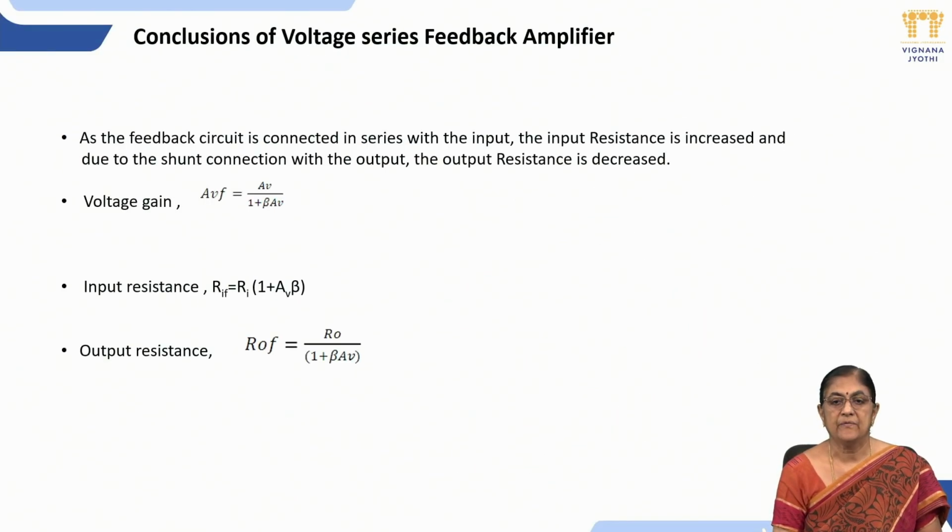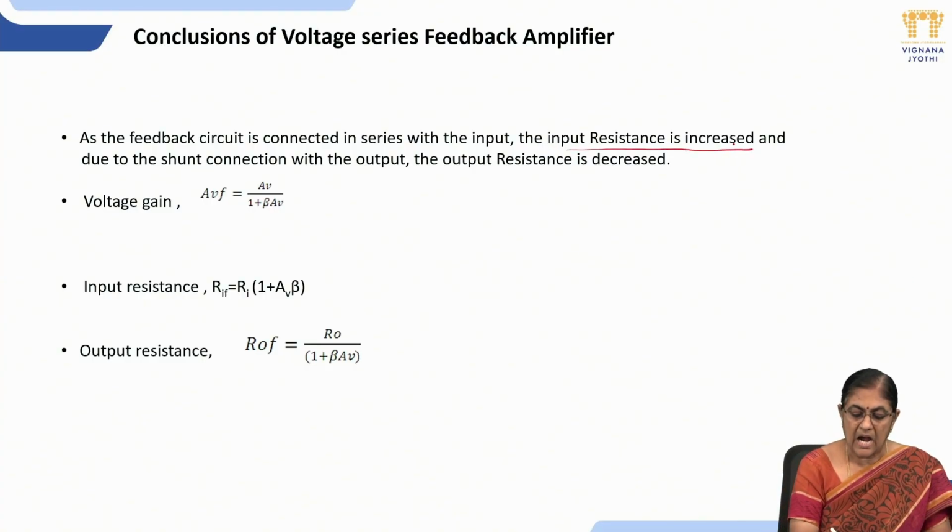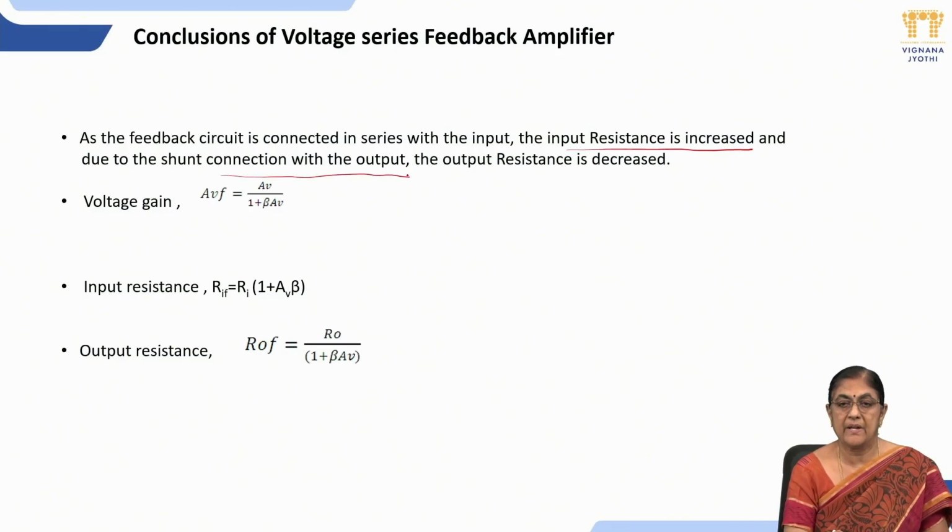So in the voltage series feedback amplifier, the feedback circuit is connected in series with the input terminals of the basic amplifier. Therefore, input resistance increases. And the feedback circuit is connected in shunt to the output terminals of the basic amplifier. Therefore, output resistance decreases. So now we will see the conclusions of the voltage series feedback amplifier.